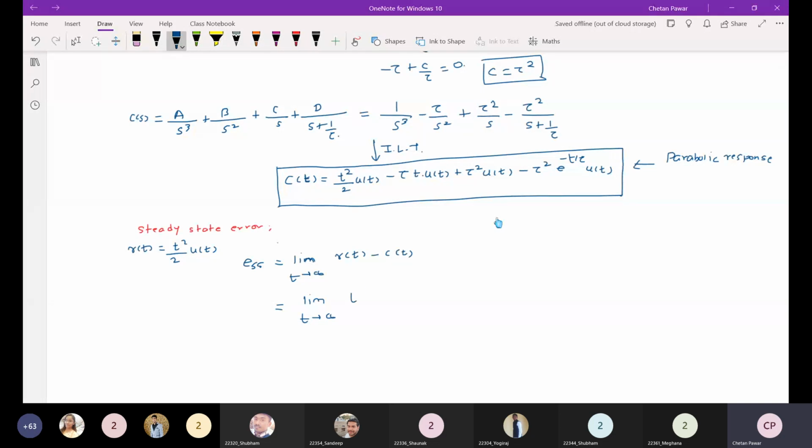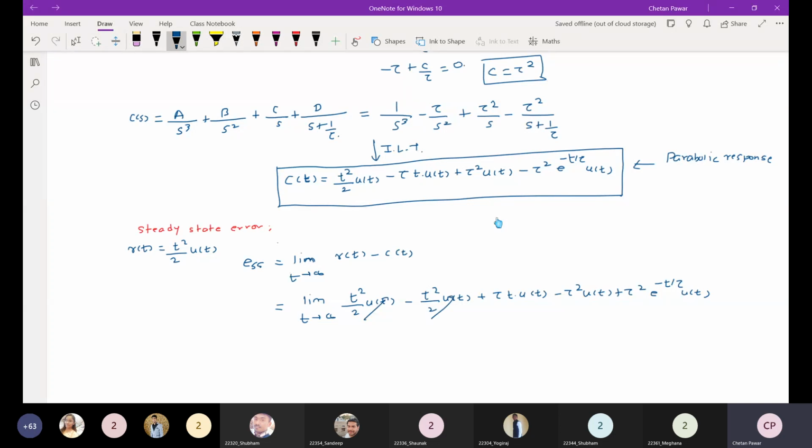Okay, so t square by 2 into u of t minus this term. Okay, so these two terms will get cancelled.